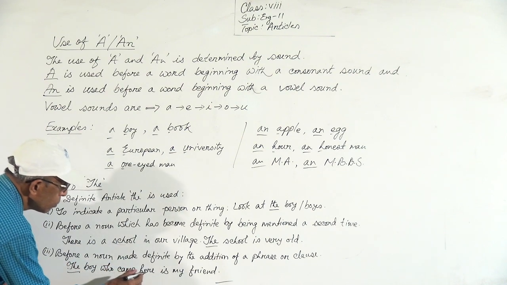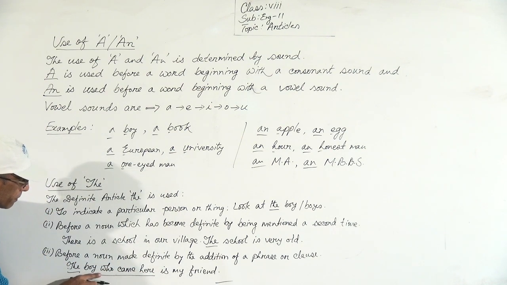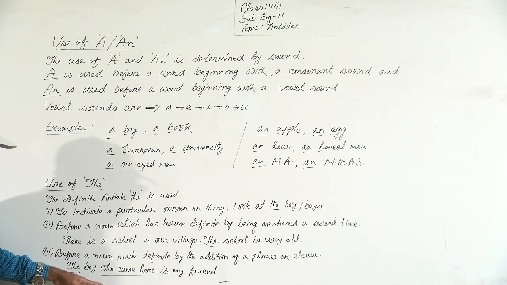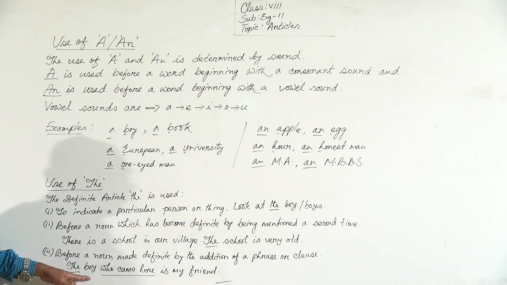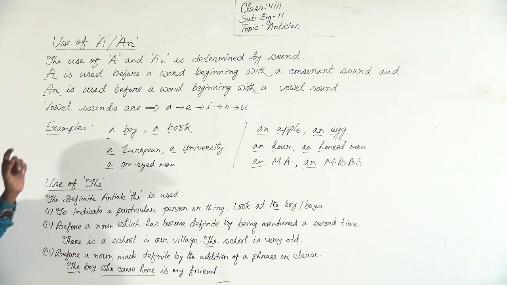Who came here. Who came here is the clause. The boy is definite by the addition of a clause. The noun is definite.